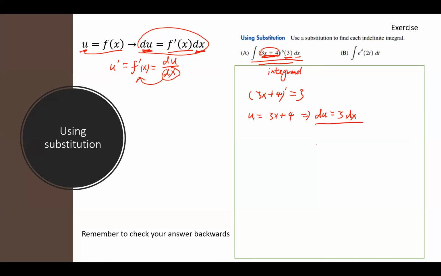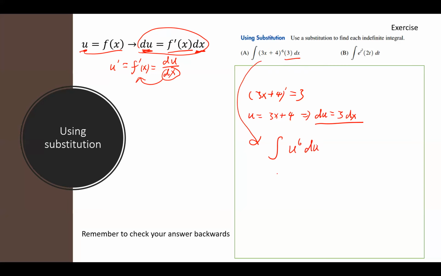Now this helps us to express the original expression. So the original expression can be expressed as the integral of u raised to the power of 6, and then this 3 times dx is just equal to du, right?